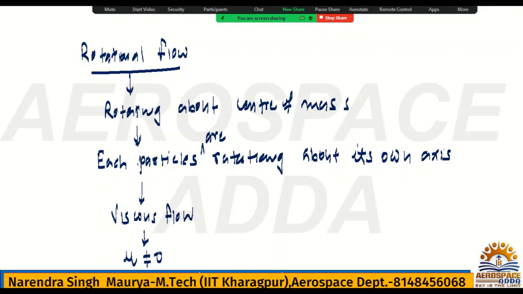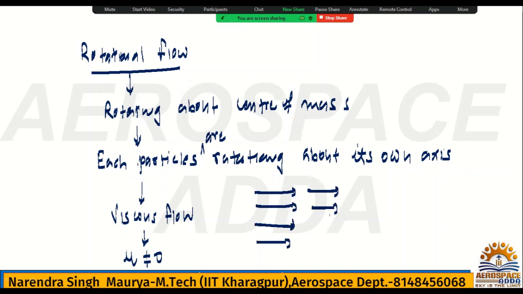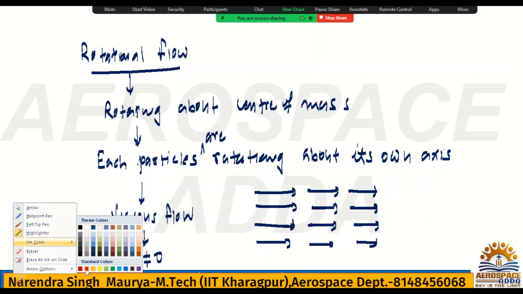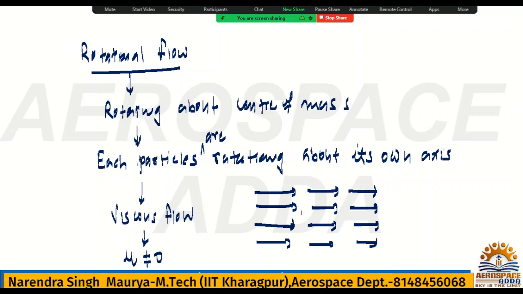Now just try to understand. Suppose this is the fluid flow. Let me clear this part, it is very important. For this fluid flow I can take one part, a rectangular fluid particle.